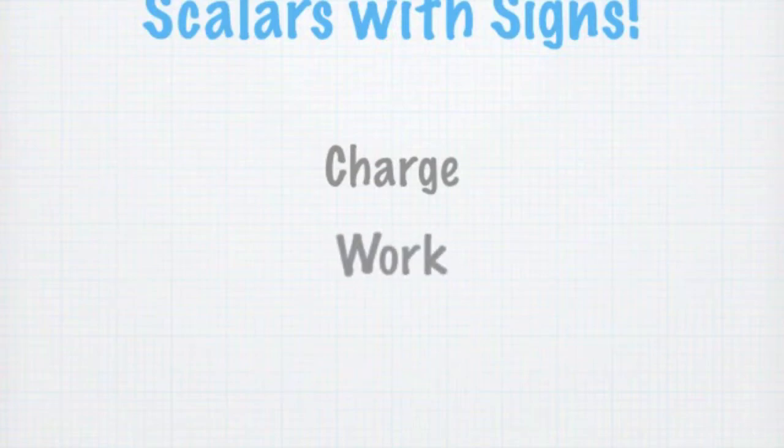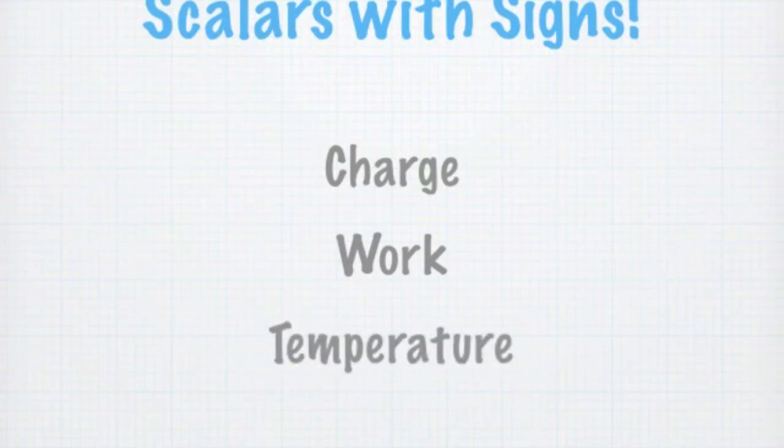We also talk about positive and negative work, but work doesn't go in this direction or that direction. Instead, by agreement, positive work is generally work that is done on a system, and negative work is work that is done by a system. And finally, some temperature scales have both positive and negative values. That doesn't have anything to do with direction.